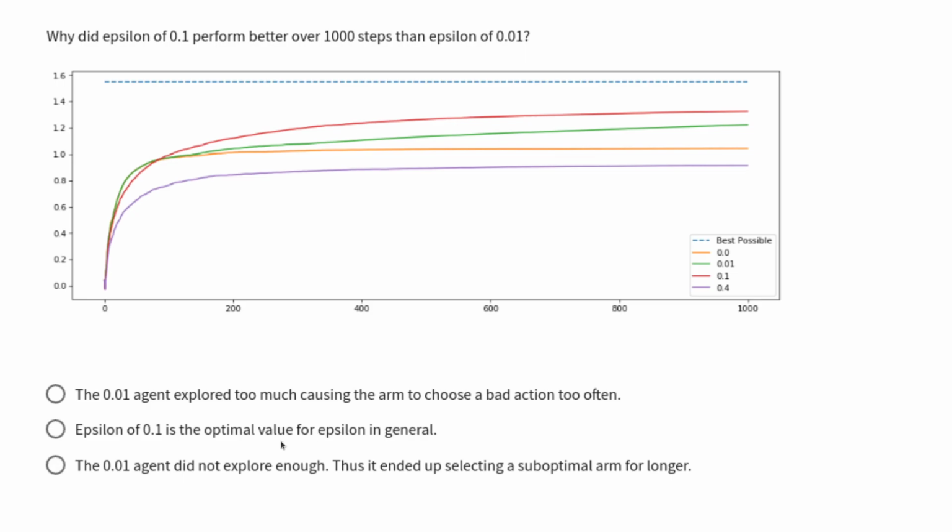No, not true. There is no rule of thumb. You need to figure out epsilon. It is like a hyperparameter of a model; it needs to be learned. The agent doing 1% exploration didn't explore enough. That's true. If you are doing exploration of only 1%, you are not doing a lot of exploration. Thus, it ended up selecting a suboptimal arm. So the third option is going to be right.